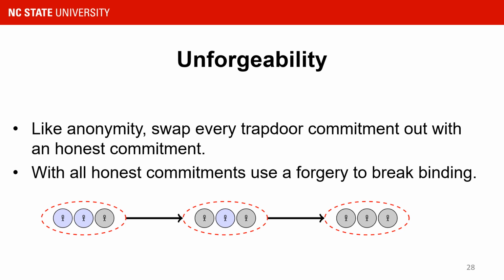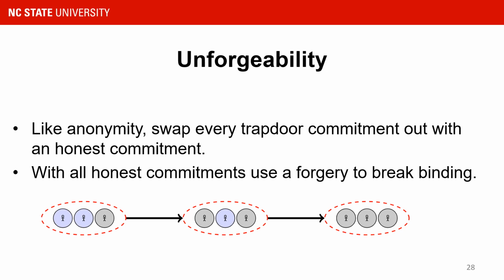Once we have no signers in the protocol at all, with all honest commitments, we show that if an adversary is able to produce a signature, it must be the case that he is breaking the binding of the commitment scheme, because there must be at least one point at which he was able to switch out what a commitment was committing to.